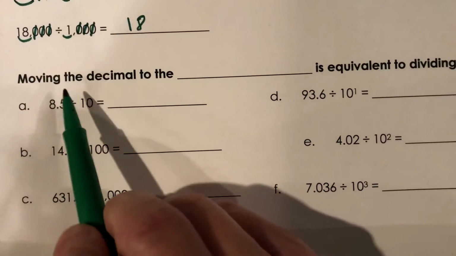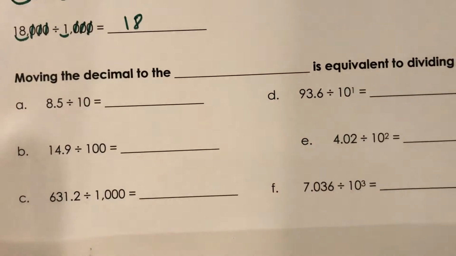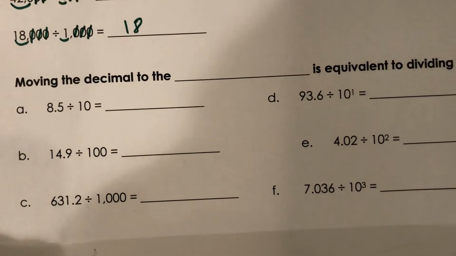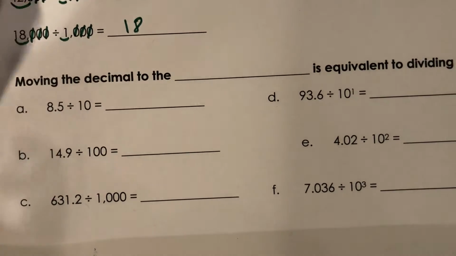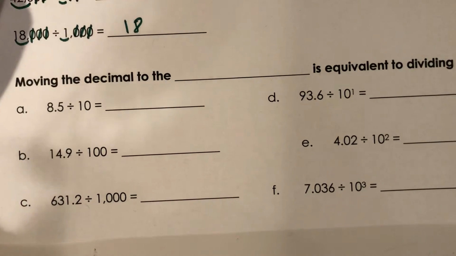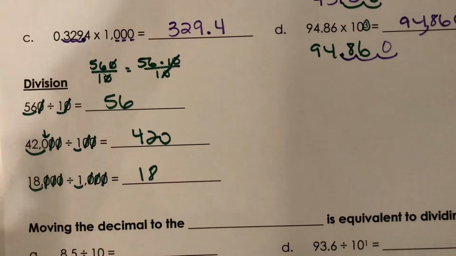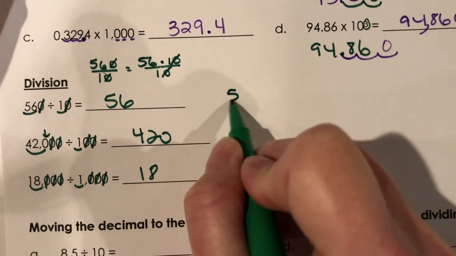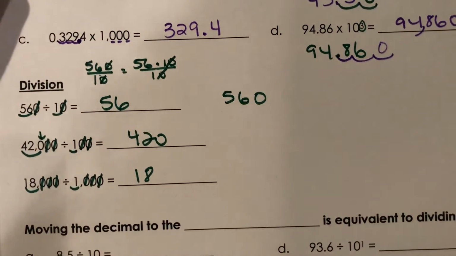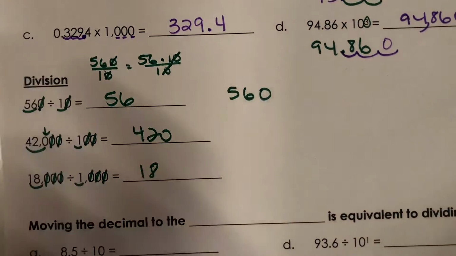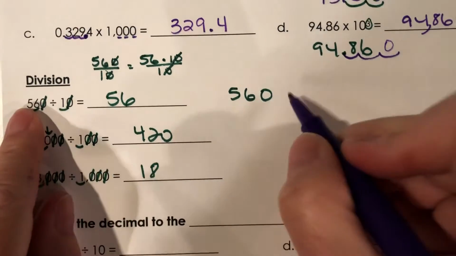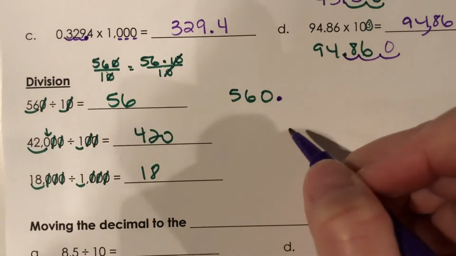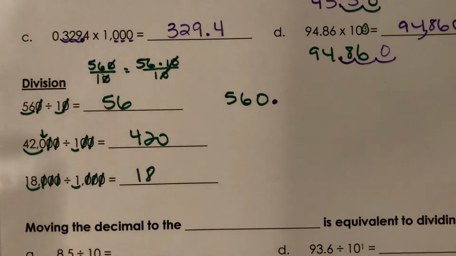Okay, so here it says moving the decimal to the blank is equivalent to dividing by 10. So now we're dividing by 10 instead of multiplying by 10. And take a look at what happens here. We started off with 560, right? So I'm going to write that off to the side. And where would the decimal be in 560? It would be all the way at the end, right? We just don't put it because that looks funny.